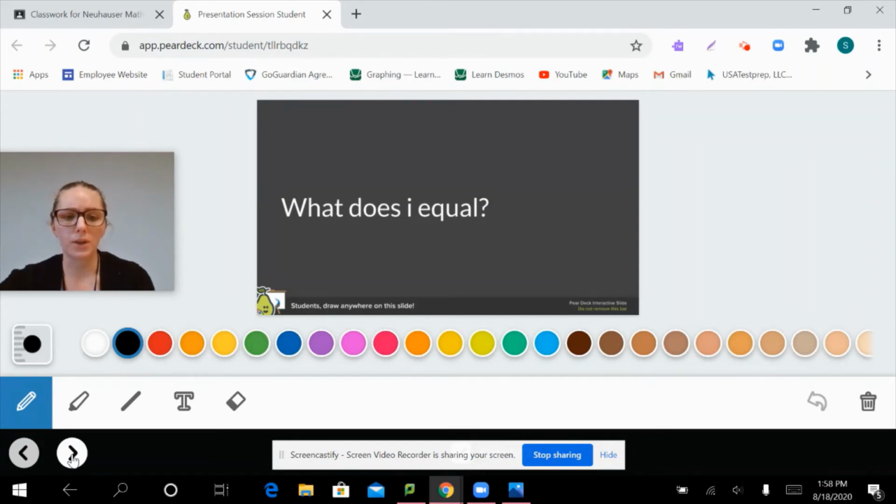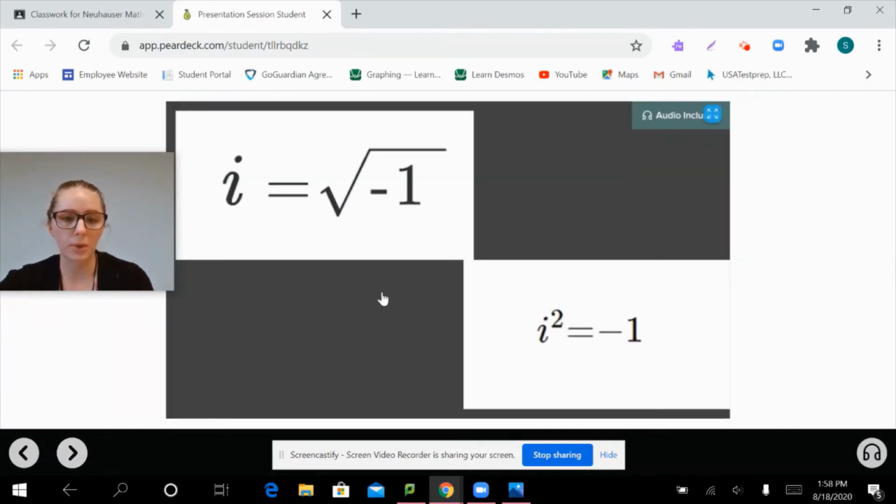That's fine, but I do want you guys to understand what i is. i is actually equal to the square root of -1. Remember in Math 2, when your math teacher blew your mind and was like, yeah, we can take the square root of negative numbers, and you thought before that was absolutely impossible. Not impossible anymore. So the square root of -1 is equal to i.